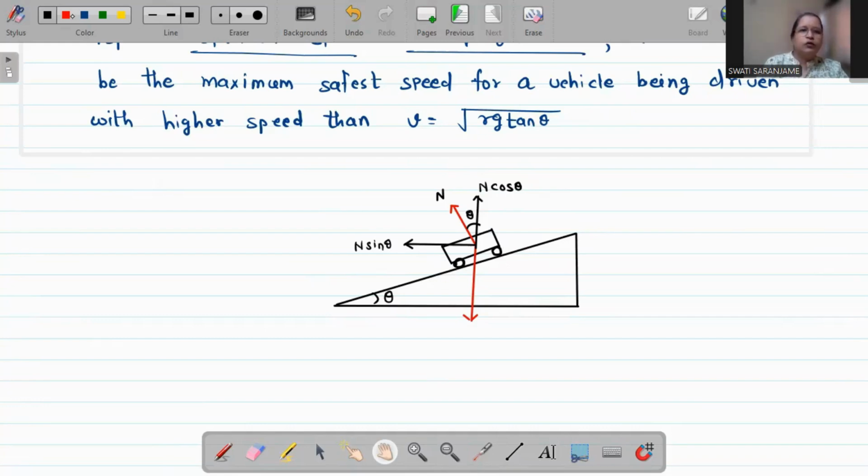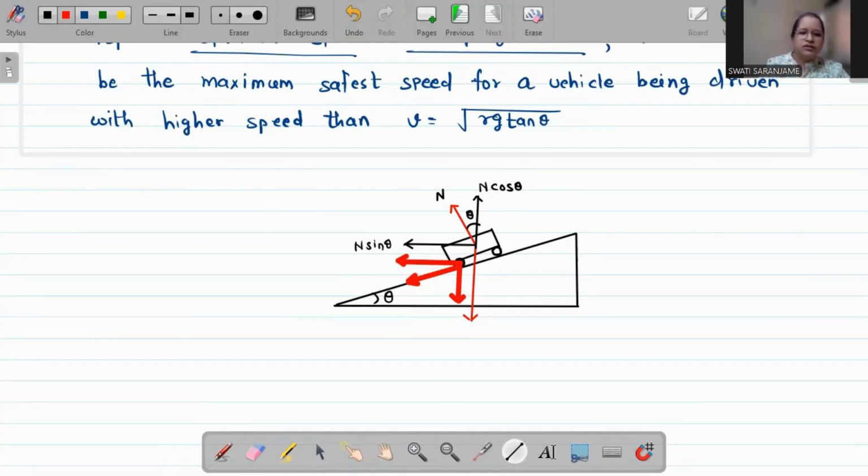This force of friction acts just to avoid being thrown off in the outward direction. It will act inwards like this. So this is the force of friction. Now, as it is inwards, we will resolve this into two components like this.